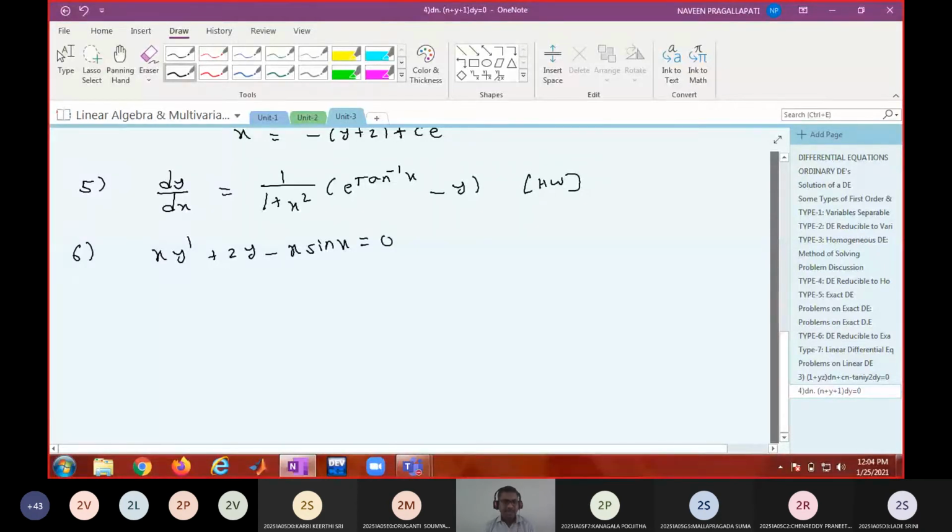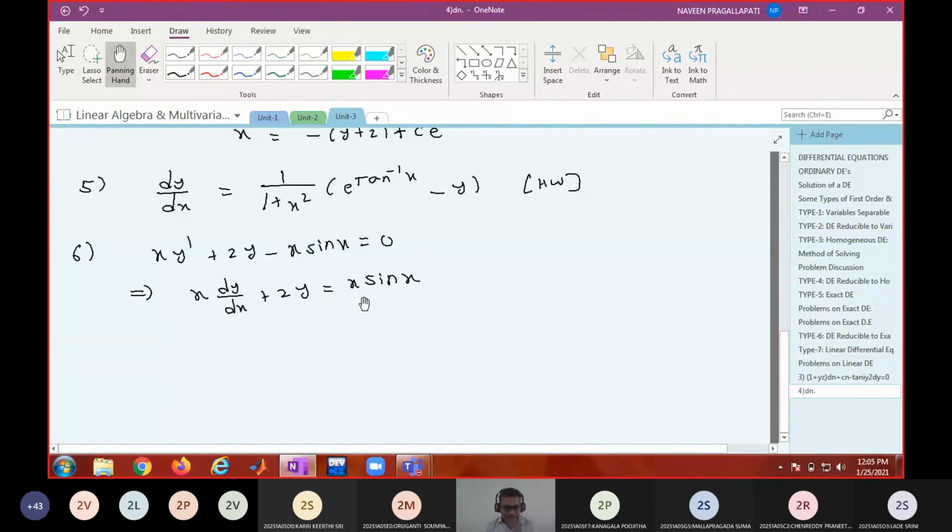Suppose the question is like this, so what do you have to do first? x into dy by dx plus 2y equal to x sin x. First bring the function of the independent variable to the right hand side. First bring the term containing only x variables on one side.